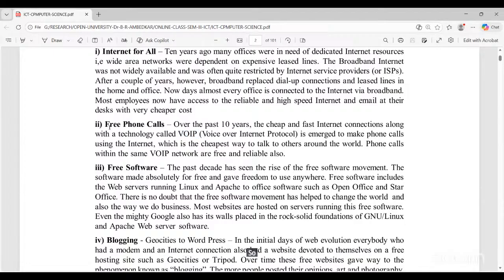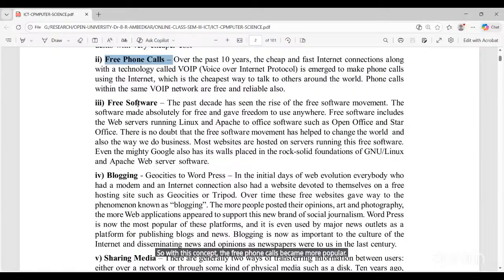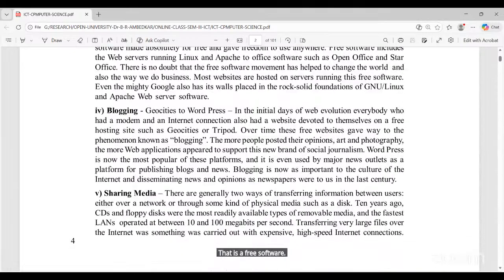With this concept, free phone calls became more popular, and free software, we can call it open source software, and blogging, personalized writing, we can call it blogging.